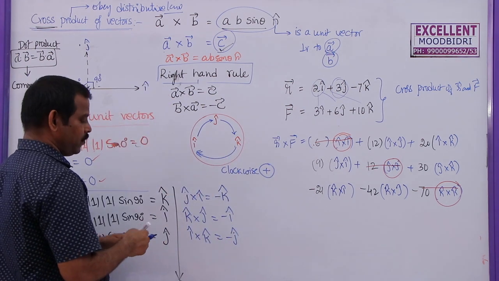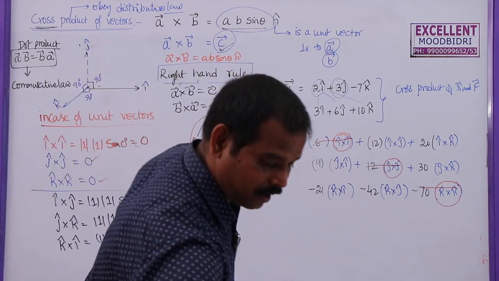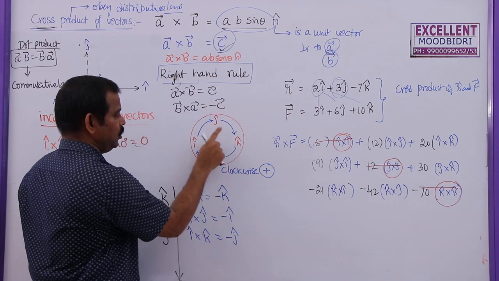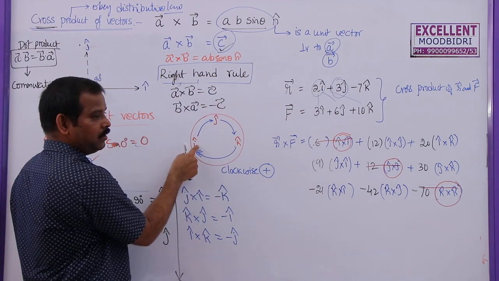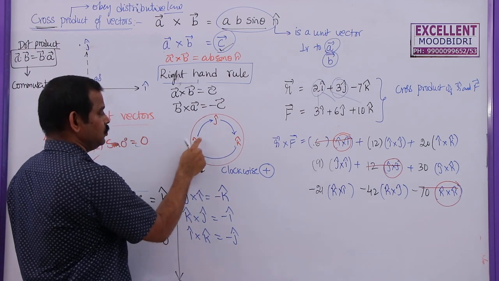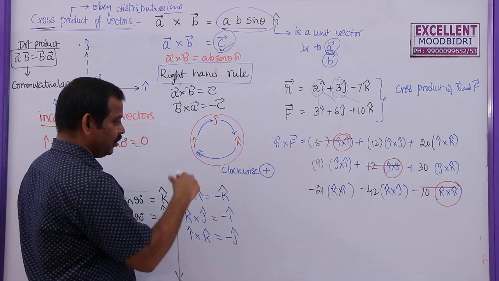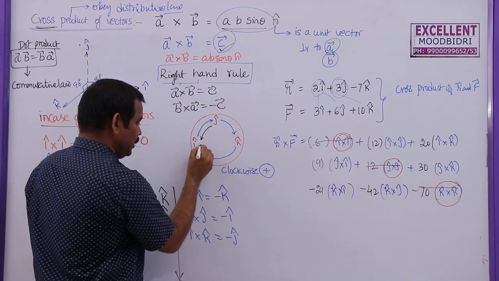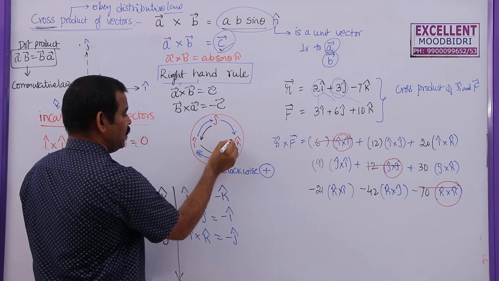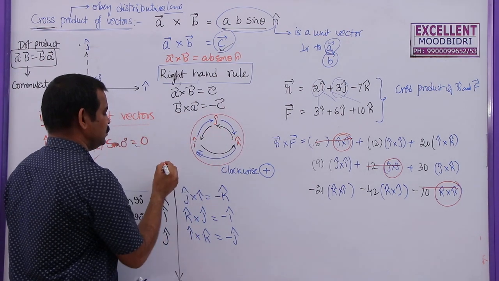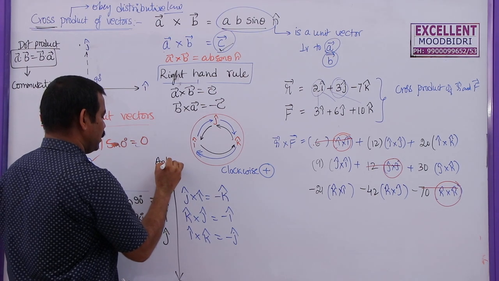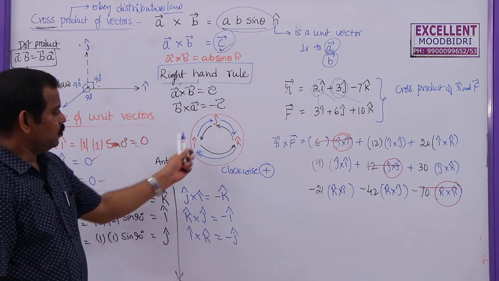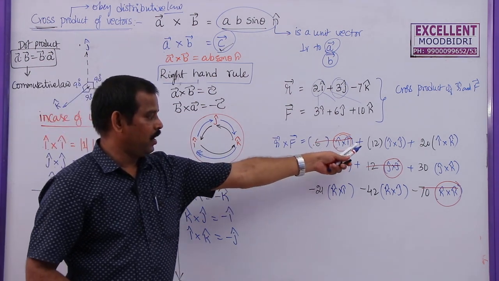I cross j is equal to k, positive only. j cross k is equal to i, positive only. k cross i is equal to j, positive only. But reverse of this, j cross i will be minus k, i cross k will be minus j, and k cross j will be minus i. So anti-clockwise multiplication will be negative. Now by using this circle, I can write the values correctly.